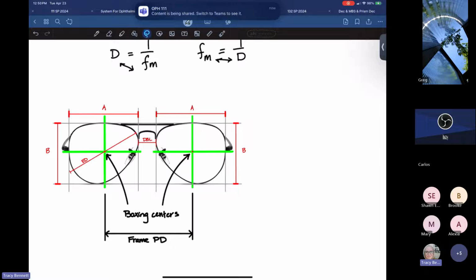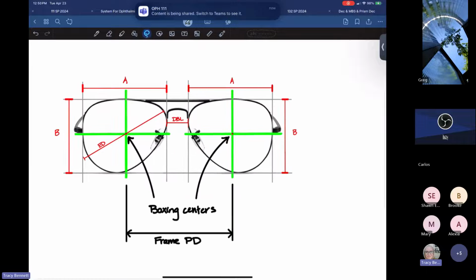All right, this right here, I wanted to point out with the boxing system of measurement, a couple of things. When we're doing decentration, we are moving, like we were talking about in the last class, but we're moving from here. If we don't do any decentration, we start out at these points.